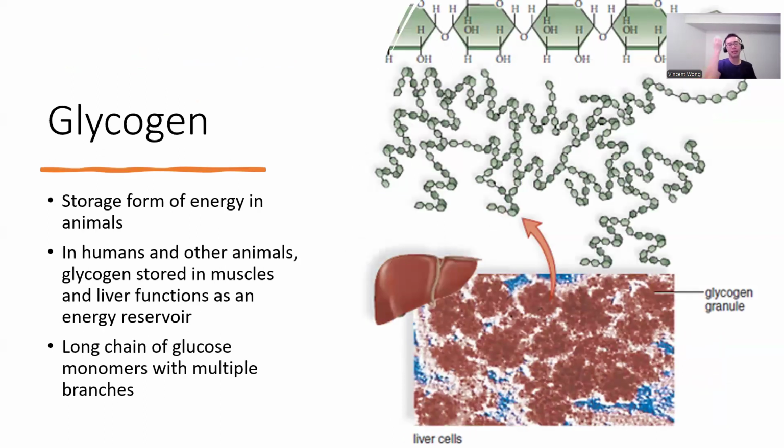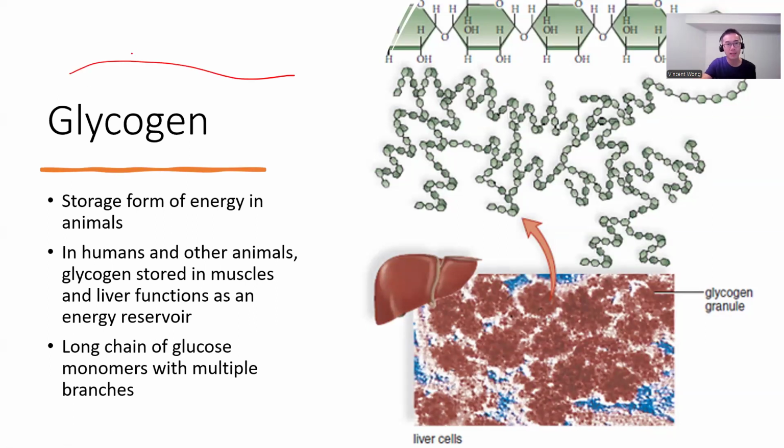We humans don't store carbohydrates as starch. Okay, we eat starch, but if we consume more than we need, then we store it as glycogen. Glycogen is even more branched than starch.